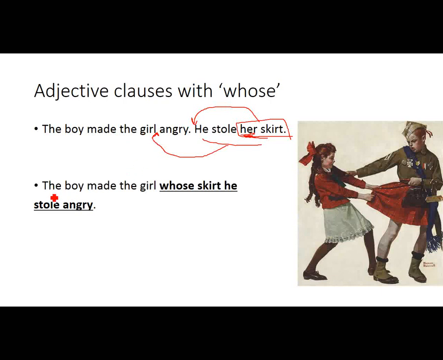The boy made the girl, whose skirt he stole, angry. So her skirt is replaced by whose. It needs to go right next to girl because that's the noun that the adjective clause is identifying.